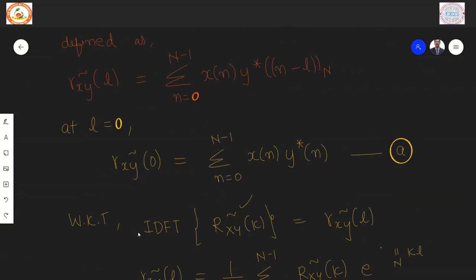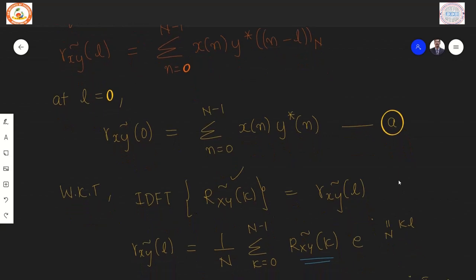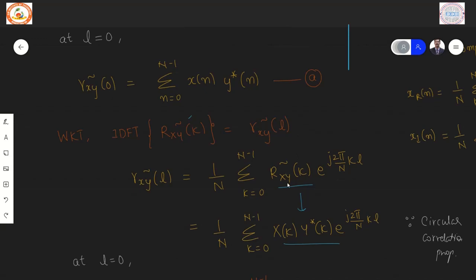Now, we are aware that IDFT of Rxy tilde of k is Rxy tilde of L. And Rxy tilde of L from the definition of IDFT could be written as 1 by n times summation k between 0 to n minus 1 Rxy tilde of k, which is the input, and as you know, in the formula, we have e power of j2 pi by n k L. See, because the index that we chose here is L and not n.